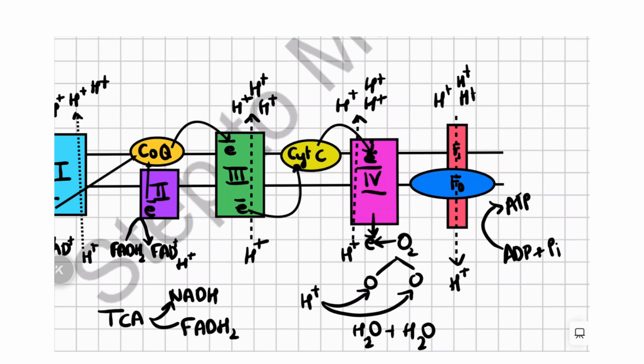With that energy, ADP joins with phosphate and through the process of phosphorylation forms ATP. As I said, phosphorylation occurs here, and we've seen a couple of oxidative reactions here. So this process together is called oxidative phosphorylation, and that's where the term comes from.